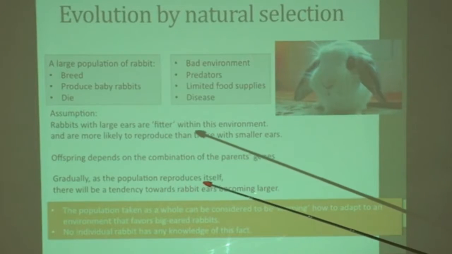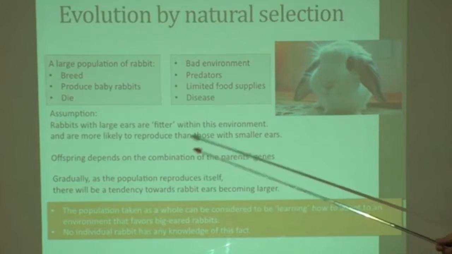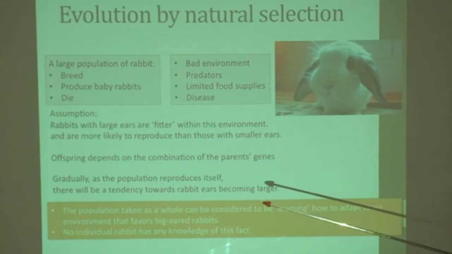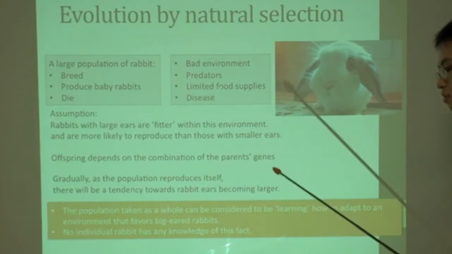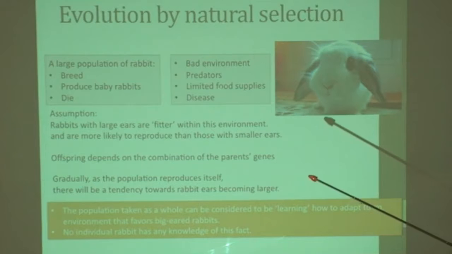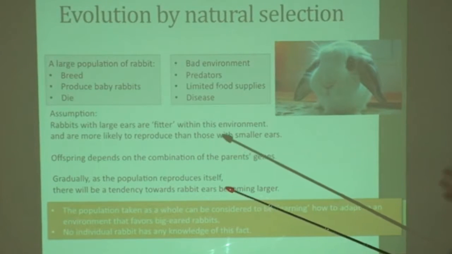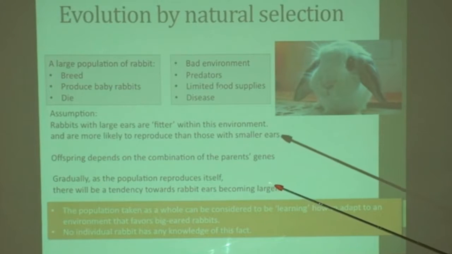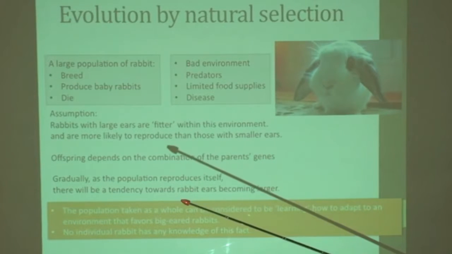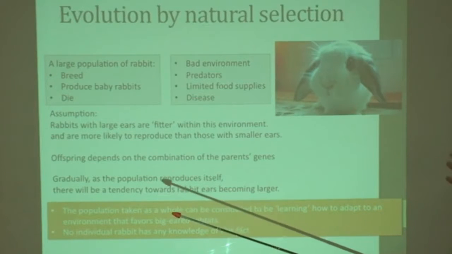The baby rabbits, or offspring, depend on the combination of the parents' genes. So it is quite natural to figure that gradually the population will reproduce itself, and the number of rabbits with big ears will keep increasing.